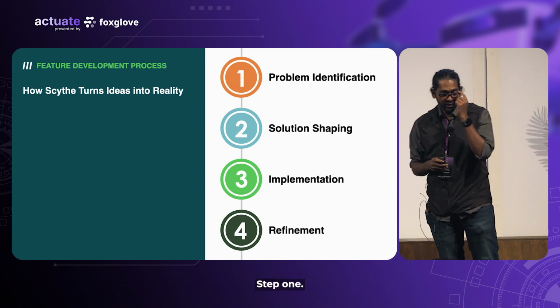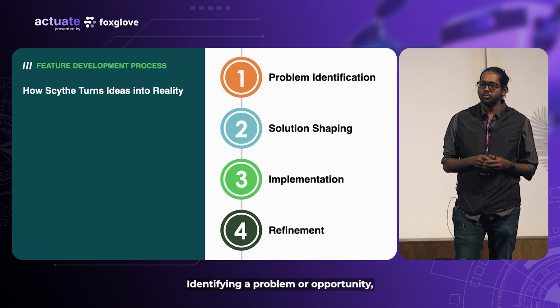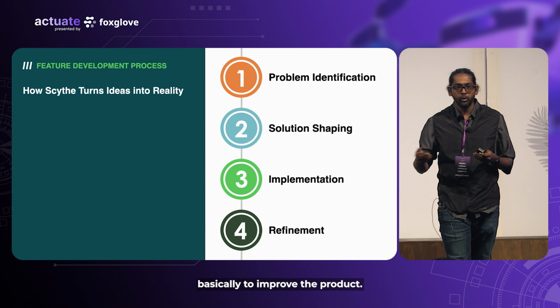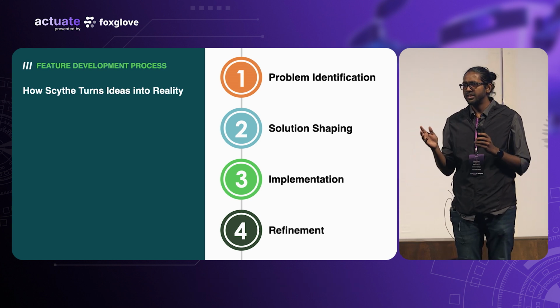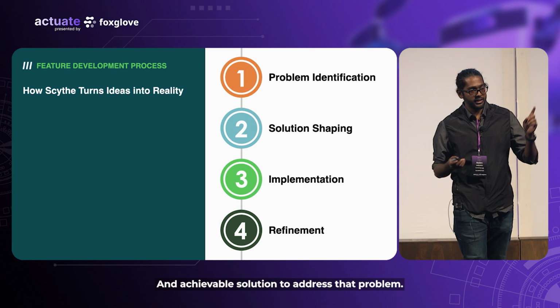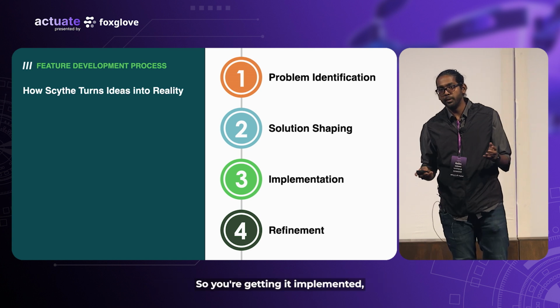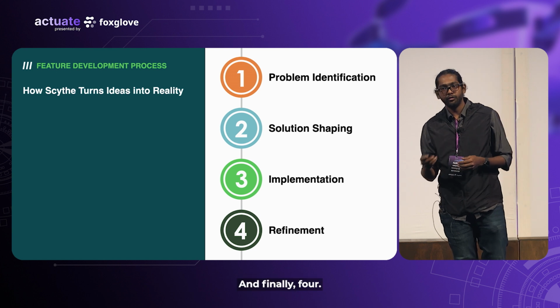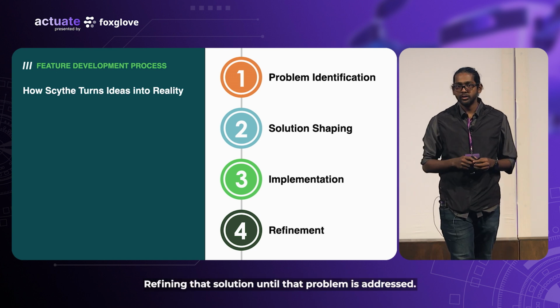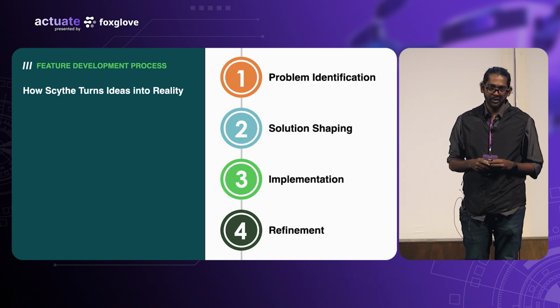Step 1, identifying a problem or opportunity to improve the product. 2, devising a realistic and achievable solution to address that problem. 3, getting it implemented, tested, verified, and deployed on the robot. And finally, 4, refining that solution until that problem is addressed.